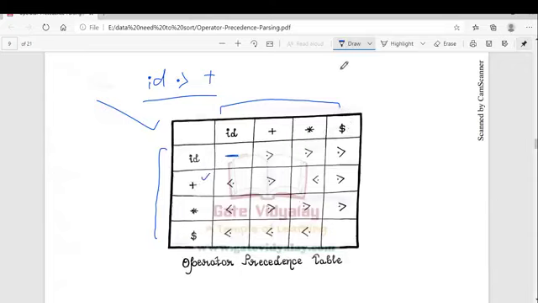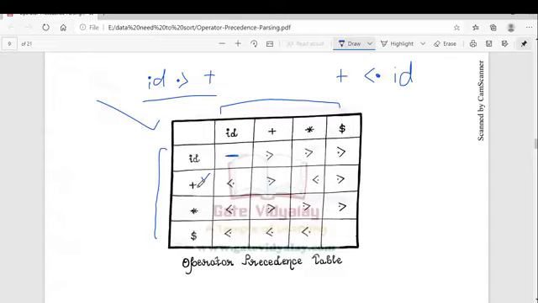Id should have higher precedence and plus lower precedence, so I write it like this: plus has lower precedence than id.